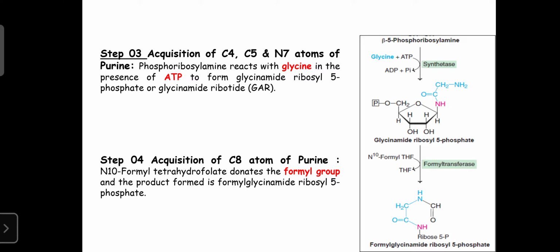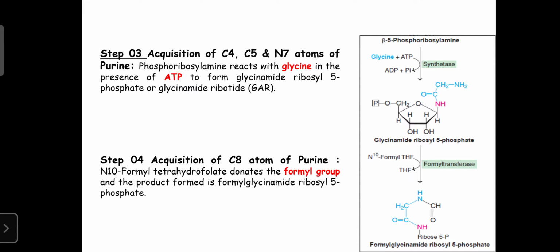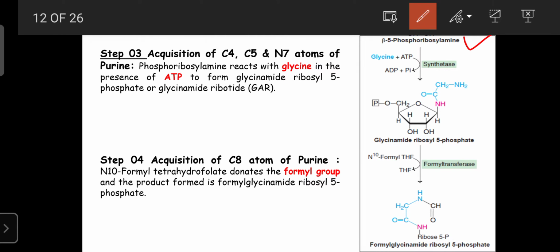Here the synthetase enzyme converts the beta 5 phosphoribosylamine into glycinamide ribosyl phosphate in the presence of glycine and ATP. ATP gives the phosphate. This synthetase enzyme is responsible for the formation of glycinamide ribosyl phosphate, also known as GAR.